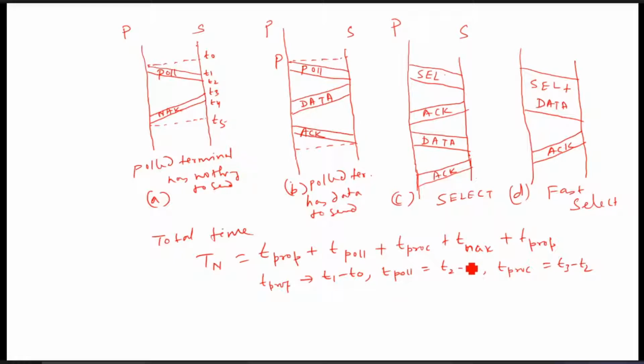T NAK, the time to transmit the negative acknowledgement, is T4 minus T3. So if you put all those things together, T propagation we are considering the same for this and this.